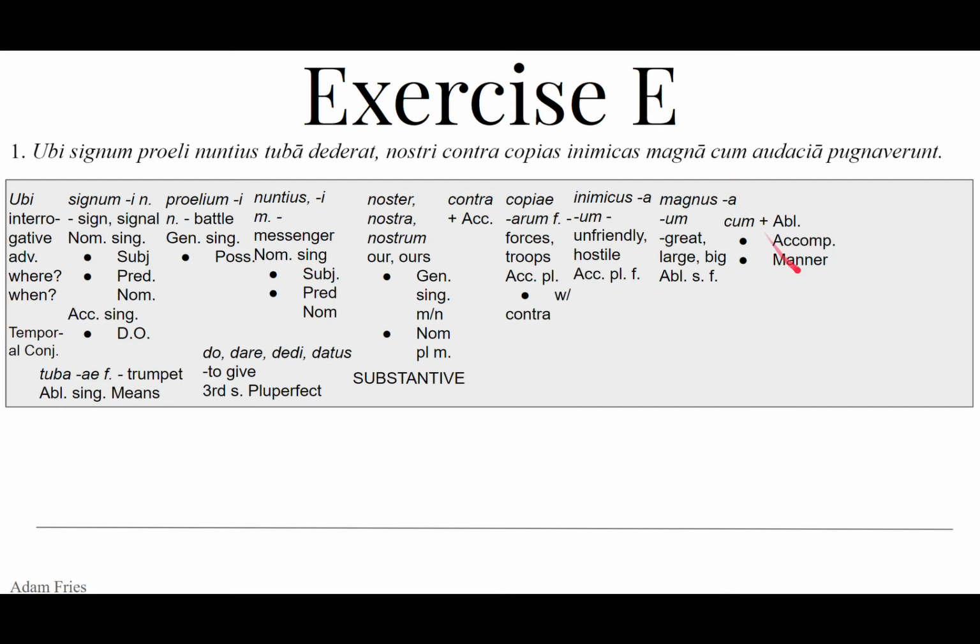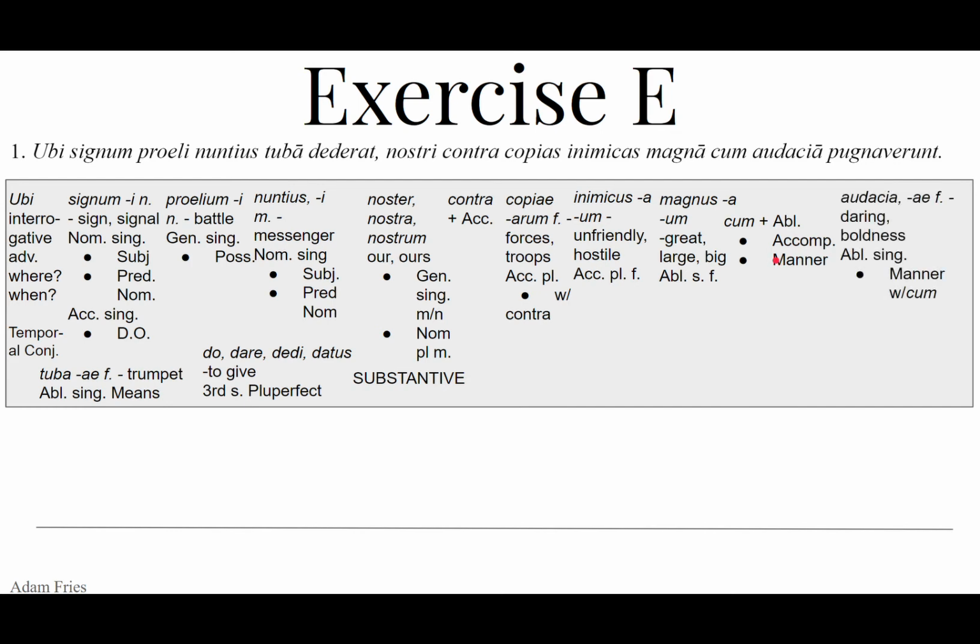Or it can show ablative of manner with an abstract concept, which is almost like an adverbial phrase, where with something, with boldness, with daring, with diligence, with care, with love. So like magna cum amore, with great love. Multo cum amore, with much love.